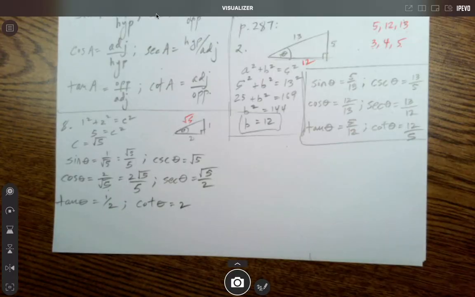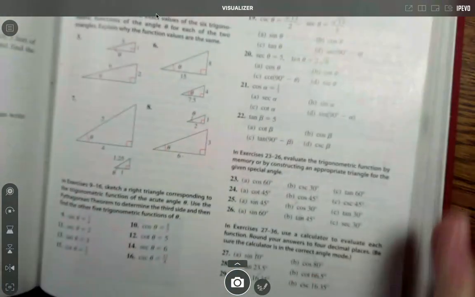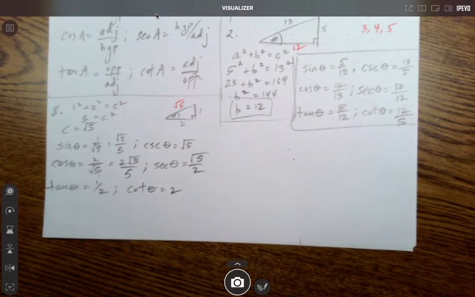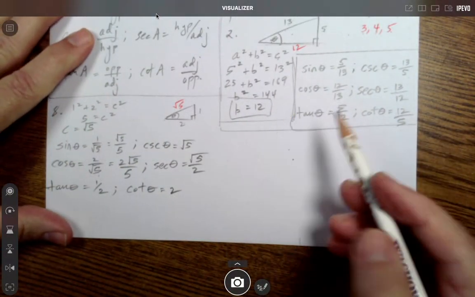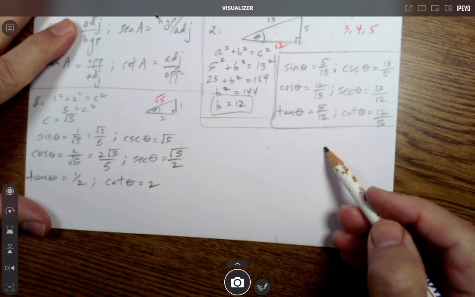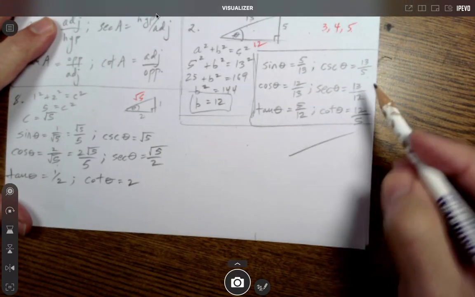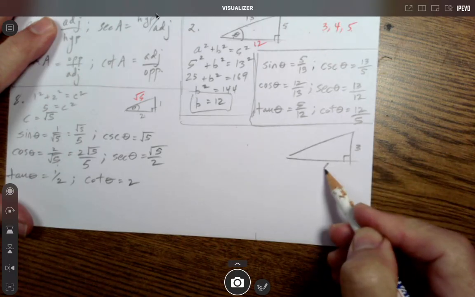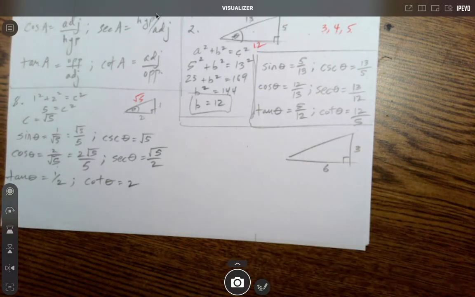Okay, now the bigger one, in the same problem, 3, 6. So I'll draw that over here. Sharpen this pencil.